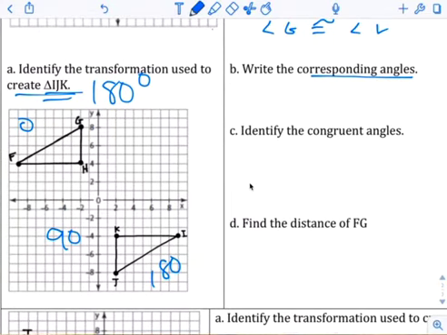Let's see. Let's start with the F. Angle F corresponds to angle I, correct?